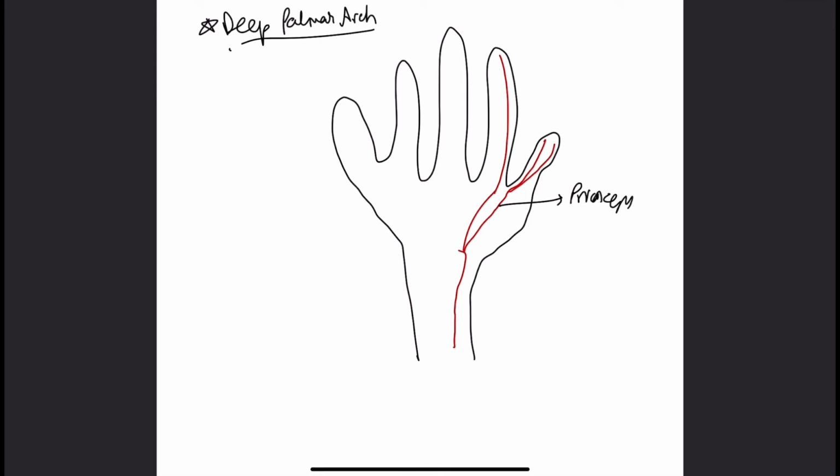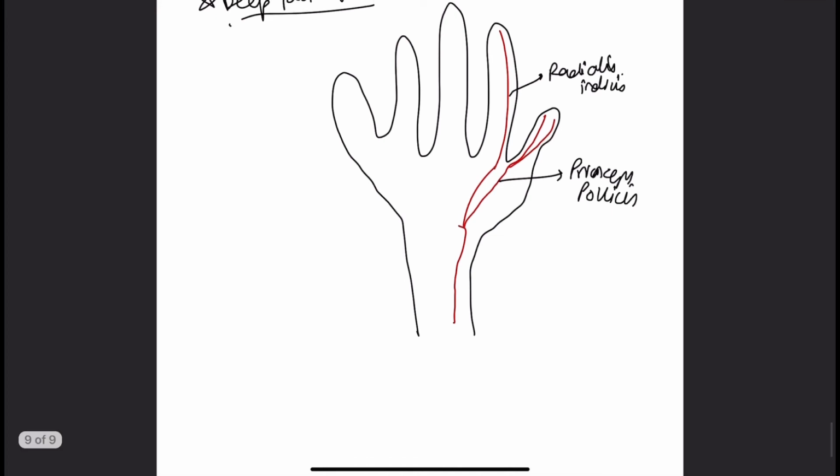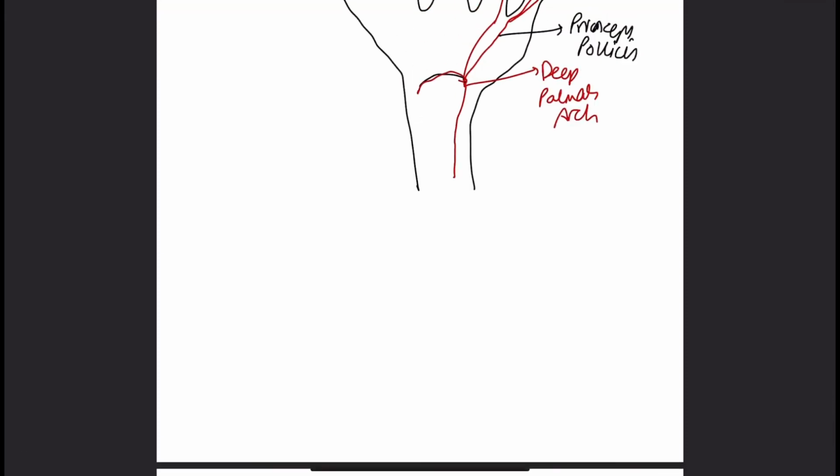Princeps pollicis, radialis indicis. Okay, so this is your deep palmar arch. Now I'll be discussing the anastomosis around the elbow joint.